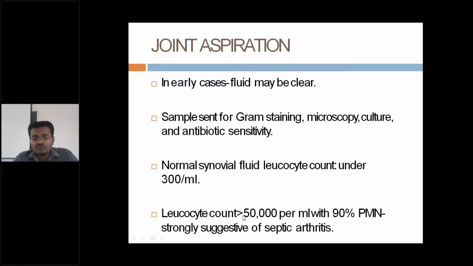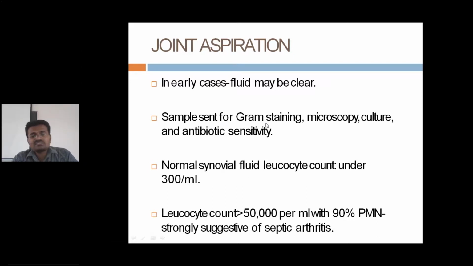This is not blood, this is the synovial fluid count. Whenever there is 90% neutrophils within the synovial fluid, it indicates septic arthritis. Normal synovial fluid leukocyte count is 300 per ml, but here it will be greater than 50,000.